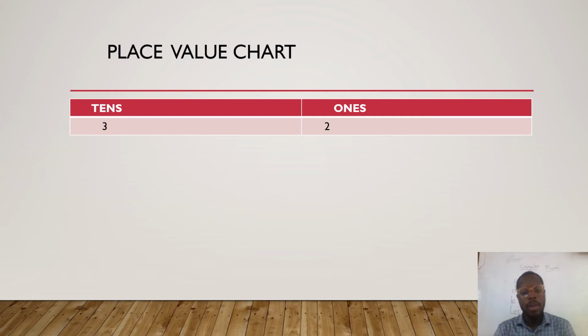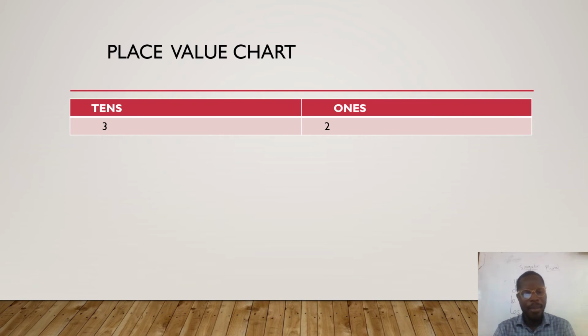So always when you have been given 2 digits like this, how will you identify the one under the ones? It is the number that is at your right hand side. Normally when you are doing addition, we start adding from the ones before we go to the tens, hundreds and thousands. But here we are talking about tens and ones. So the one at my right hand side, that's the digit 2, is under the ones.